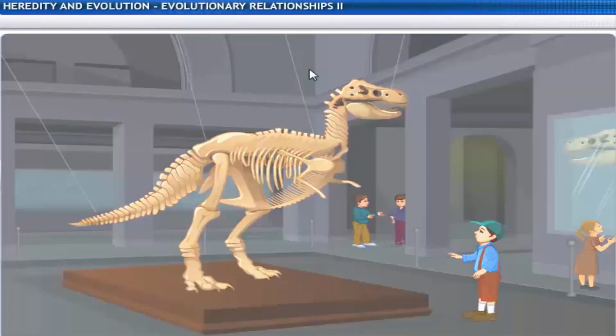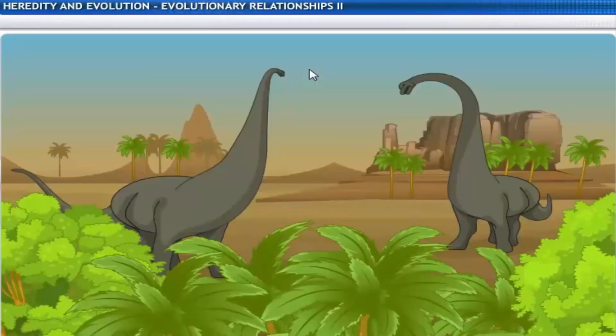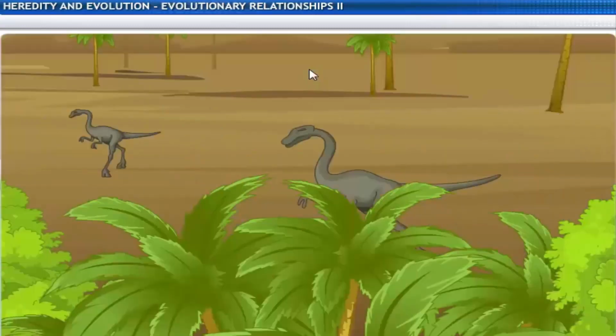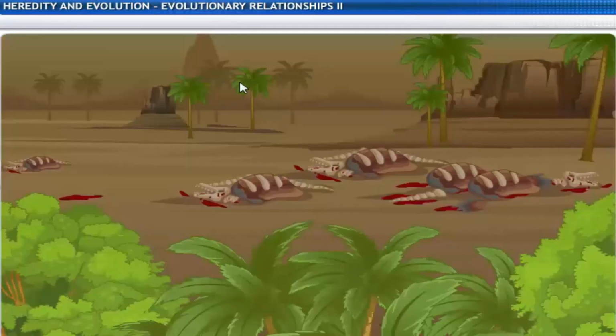This process is referred to as speciation. Millions of years ago, on Earth, lived huge gigantic animals called dinosaurs. In the process of evolution, all these huge gigantic animals became extinct.